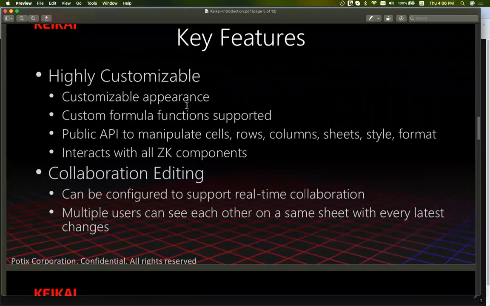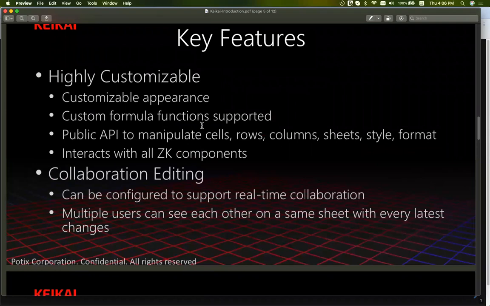It's also customizable because we implemented its appearance with CSS, so you can customize it by overriding the CSS. It also provides lots of public APIs to let you manipulate cells, rows, columns, sheets, styles, and any user action you can imagine, using the Java API.